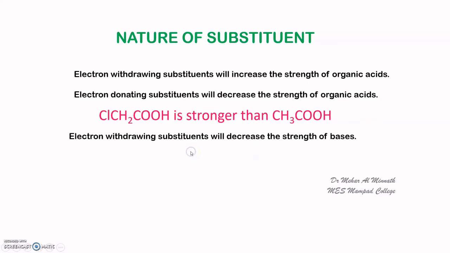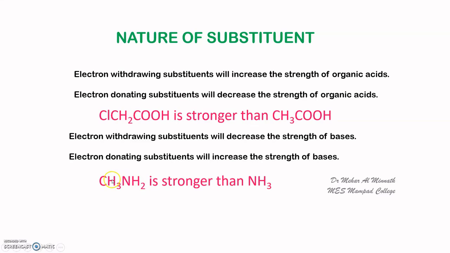Alright, now in the case of bases, electron withdrawing substituent will decrease the strength of the base, and electron donating substituent will increase the strength of the base, particularly organic base. Now, for example, we have methylamine and ammonia. Methylamine is stronger than ammonia. The reason is both ammonia and methylamine have an electron pair on the nitrogen.